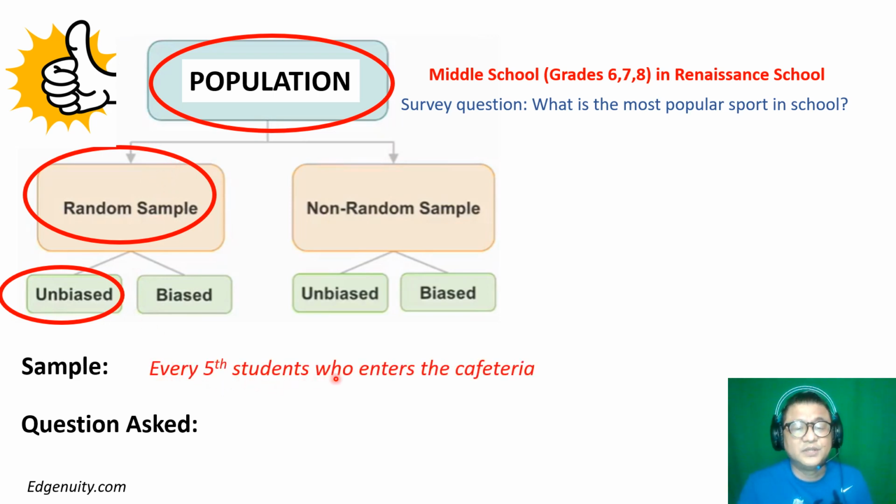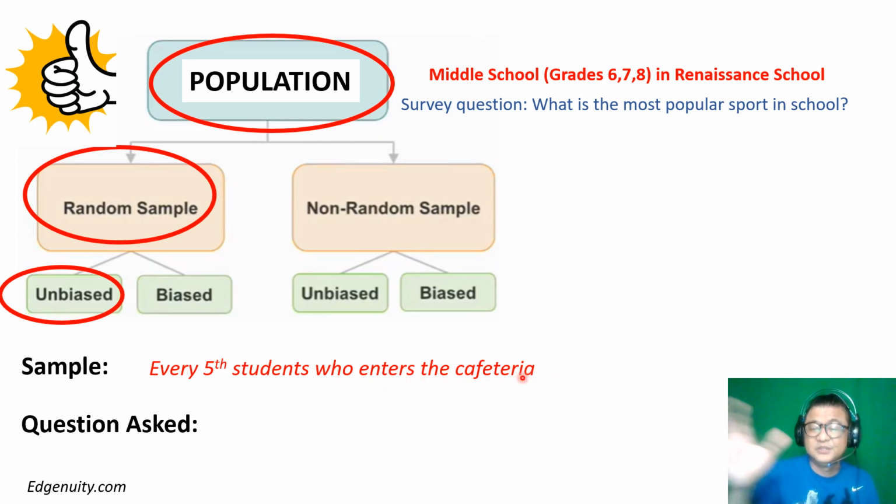Every fifth student who enters the cafeteria. First person, the next, the fifth, the 10th, the 15th. It's random because it's not planned. That person could be a sixth grader, a seventh grader, an eighth grader, male or female. That is random. The sample is random.